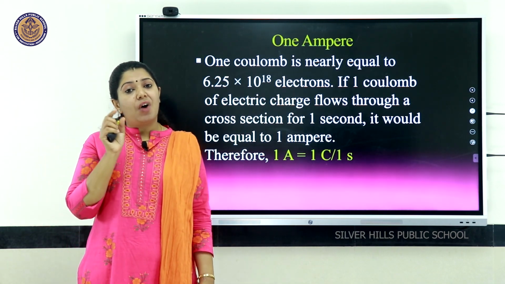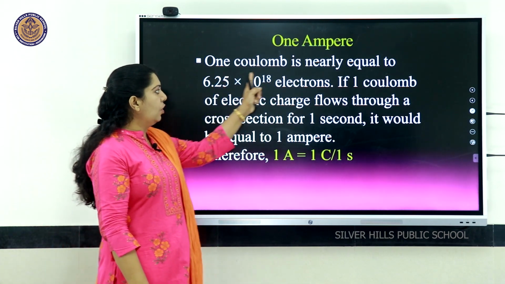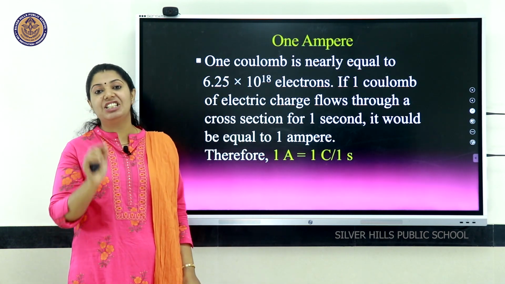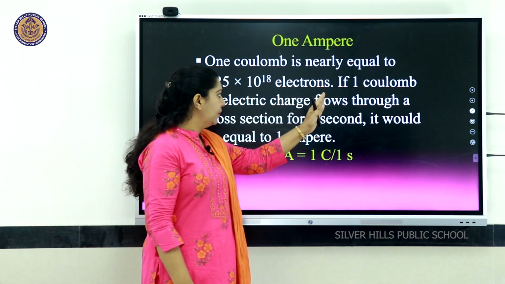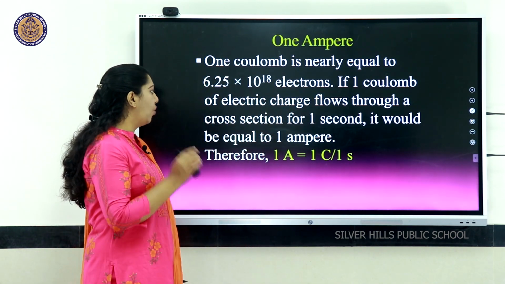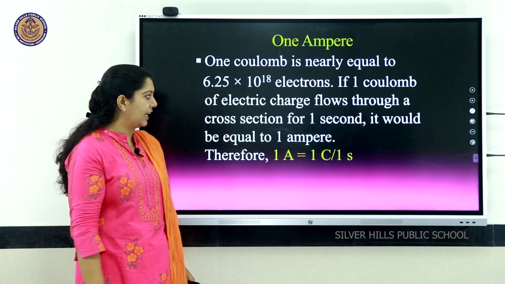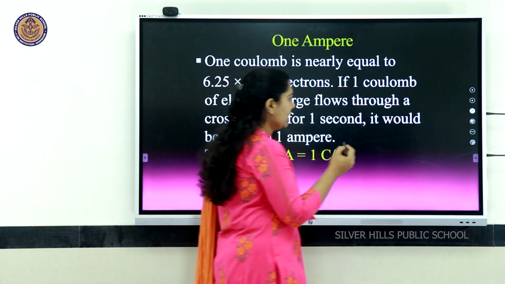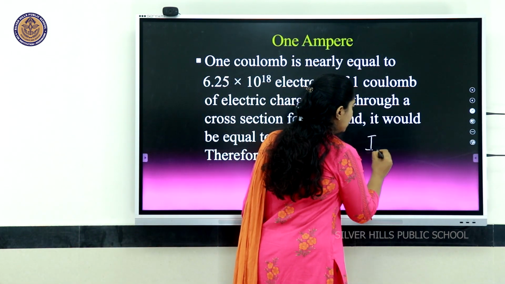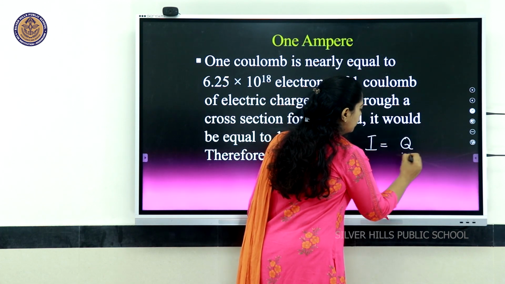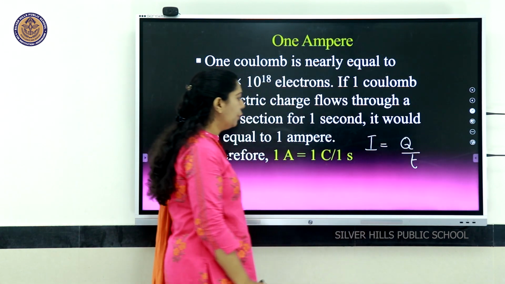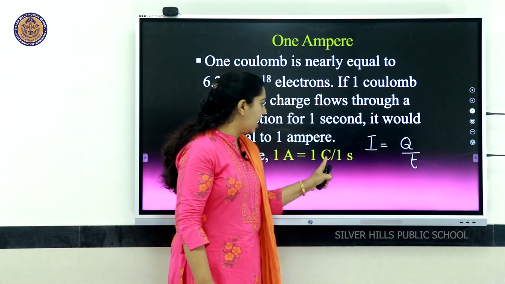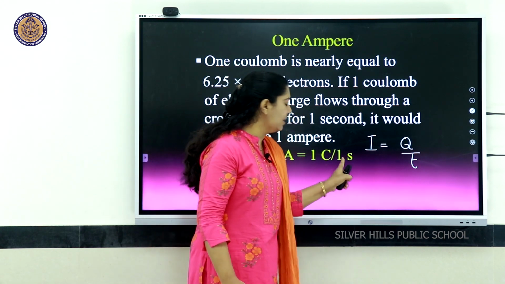We can define 1 ampere of current. 1 coulomb is nearly equal to 6.25 into 10 raised to 18 electrons. If 1 coulomb of electric charge flows through a cross section for 1 second, it would be equal to 1 ampere. That means you know the equation for electric current, I is equal to Q by T, and the unit of current is ampere, the unit of charge is coulomb and the unit of time is seconds.